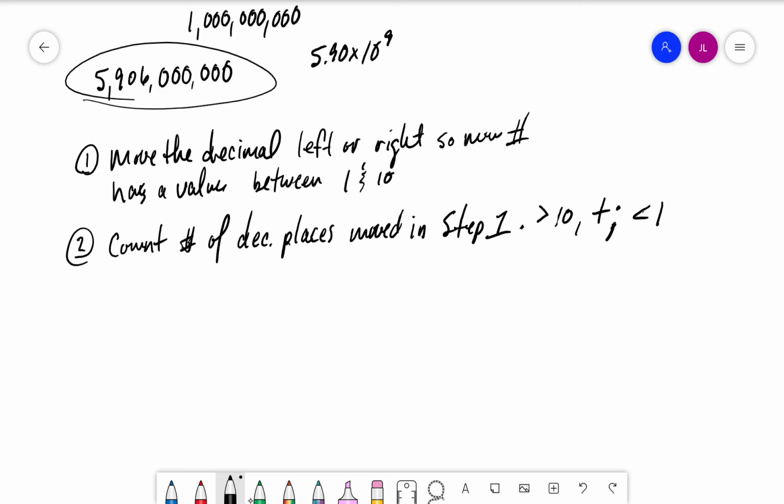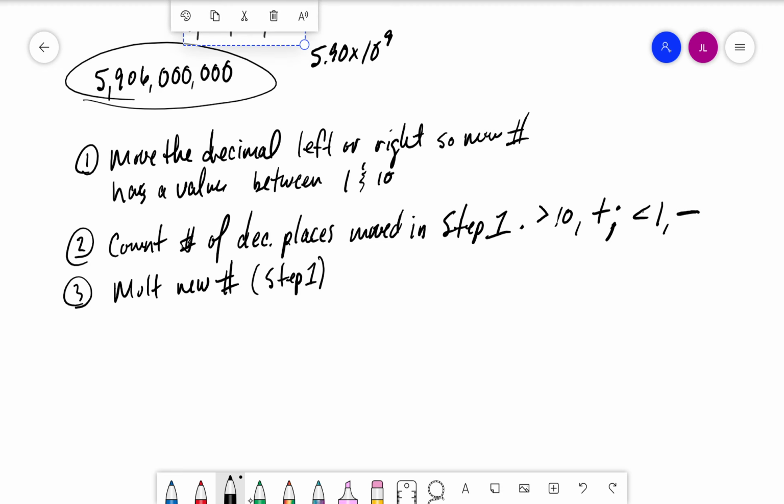If it's less than 1, then we have a negative exponent. The third step is to multiply the new number from step 1 by 10 raised to an exponent equal to the count in step 2.